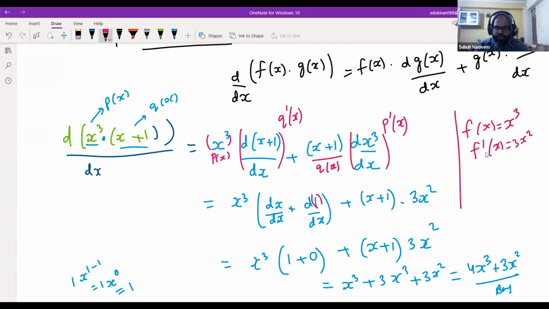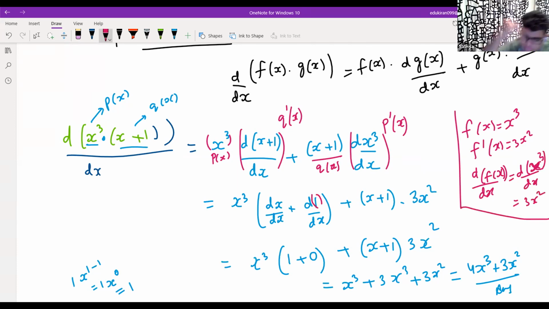What actually happens here is that it is d of fx with respect to dx, that means derivative of x cube with respect to x, which means after differentiating, it becomes 3x square. That is what derivative is doing. d by dx is actually an operator. It operates on that function, and that function changes.